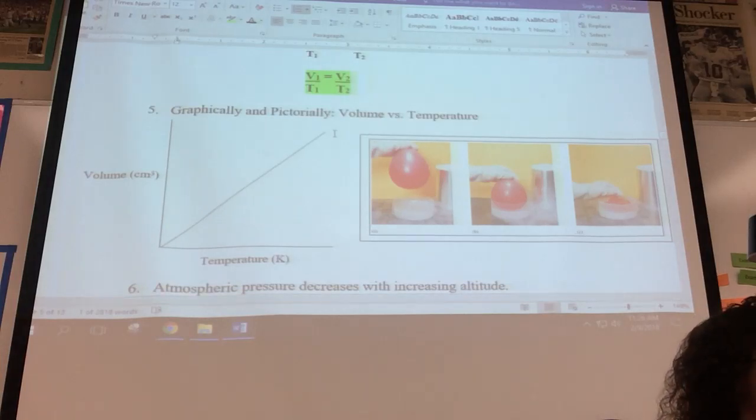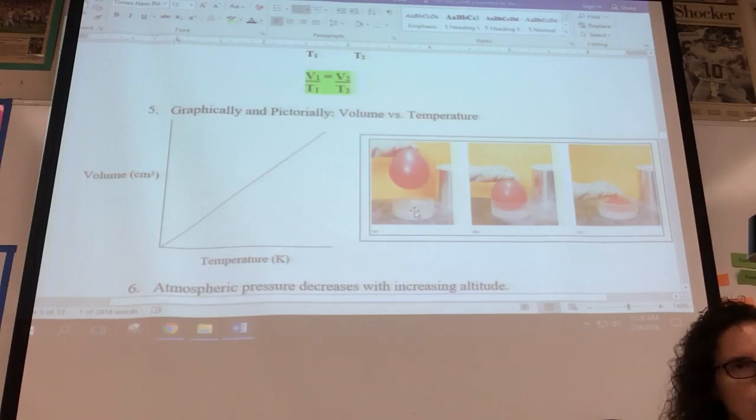Another way to test this is to have a balloon that's inflated at room temperature. Put it in a bath of liquid nitrogen, which is very cold, and you will see that the volume of the balloon decreases with the decrease in temperature. Directly related to Kelvin temperature, not degrees Celsius.